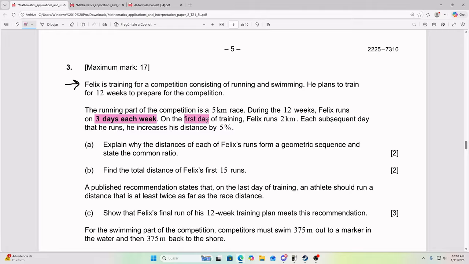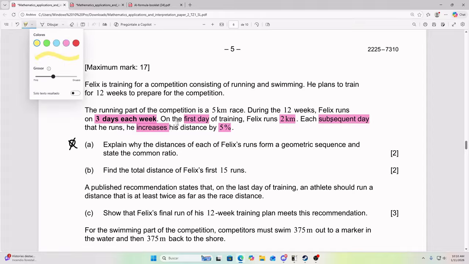On the first day of training, Felix runs 2 kilometers. So first day, 2 kilometers, and each subsequent day that he runs, he increases his distance by 5%. And already in part A, we need to explain why the distances of each of Felix's runs form a geometric sequence and state the common ratio.